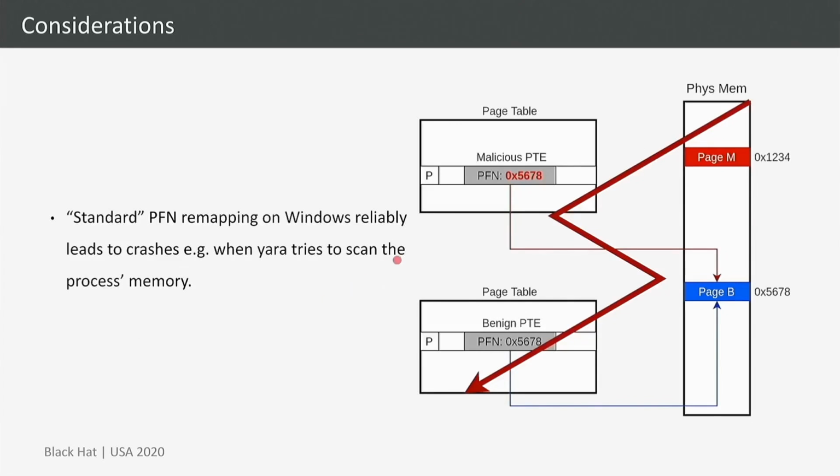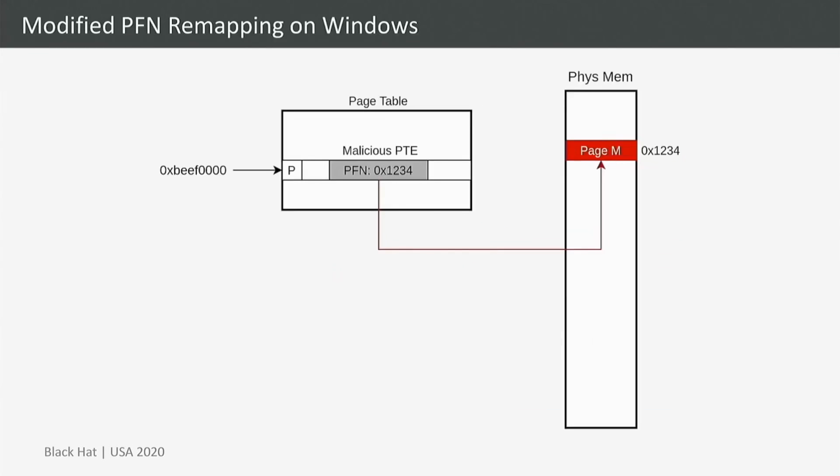Okay, let's talk a little bit about a problem on Windows with the standard PFN remapping. If we do the PFN remapping as explained earlier, this will lead to crashes, especially if we, for example, scan the process with Yara; then it pretty reliably crashes after the PFN remapping. So we came up with a little workaround. This is the initial situation, so the PTE points to the malicious memory.